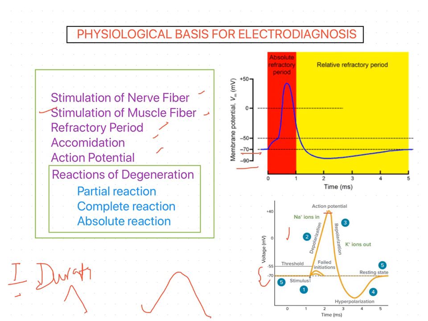Now we'll see the next property, that is the refractory period. It is the time in which the tissue excited by means of a stimulus does not respond to a second stimulus. This becomes the absolute refractory period.